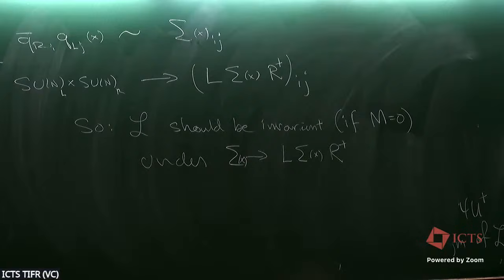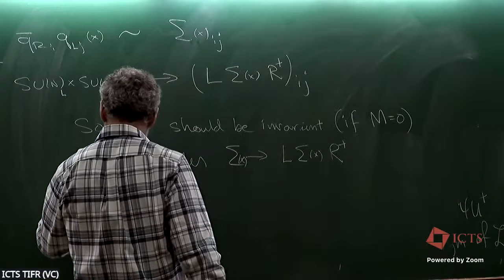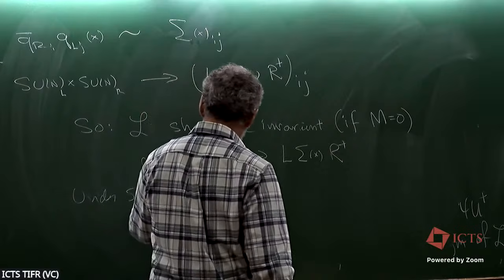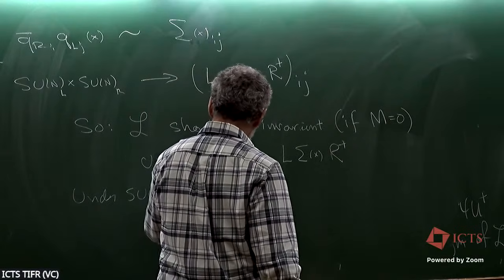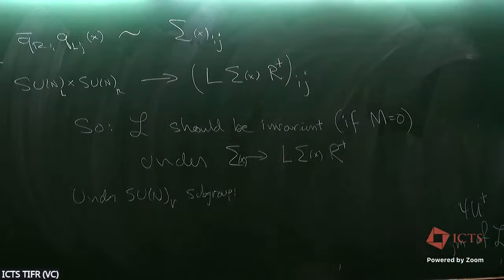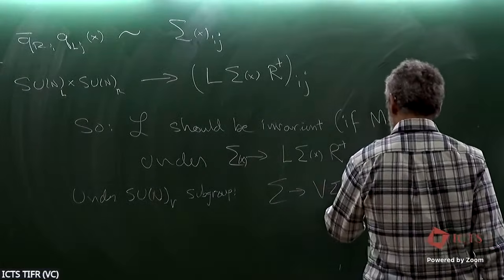So our pions should be identified by isospin. If we look at the vector subgroup, remember that we got it by setting L and R to the same unitary matrix. Sigma goes to V sigma V dagger.